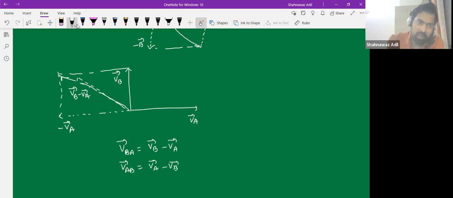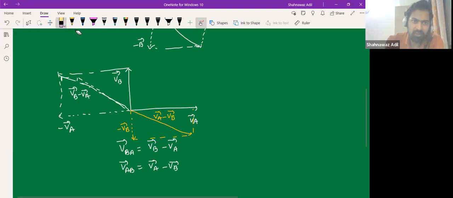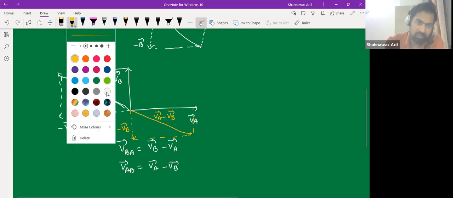Then I have to elongate this one. This would be minus VB, and then this would be VA minus VB. So this is the idea of relative motion in two dimensions.